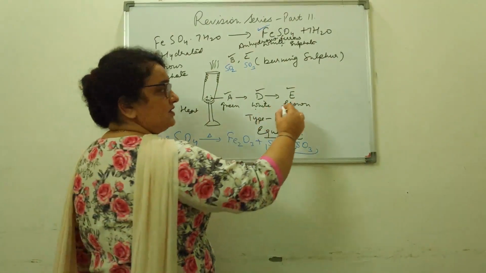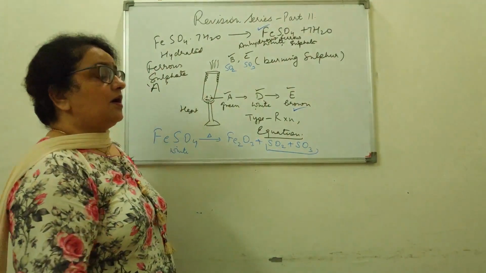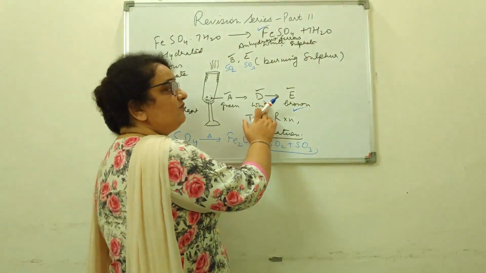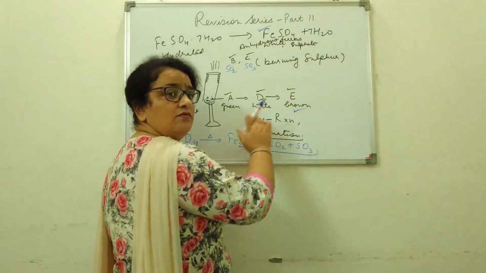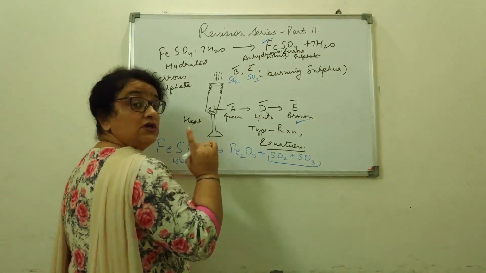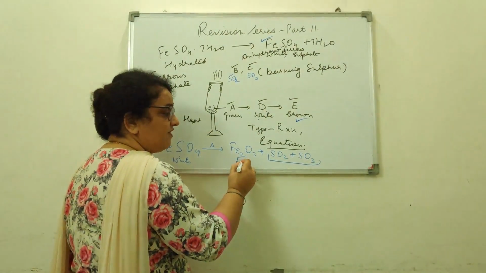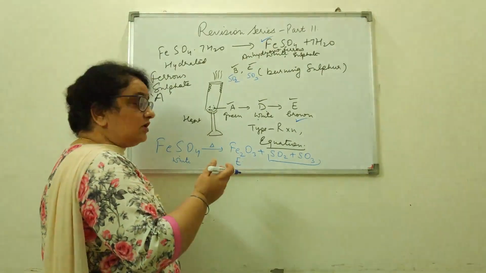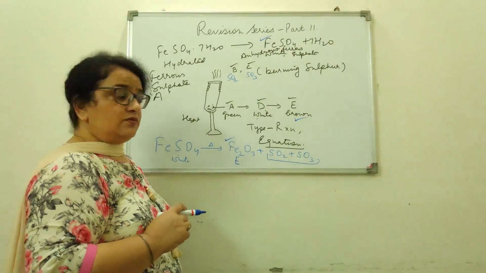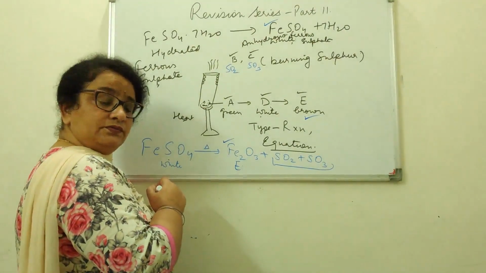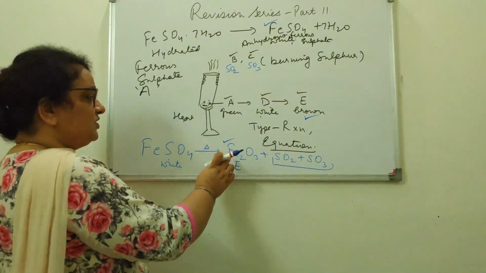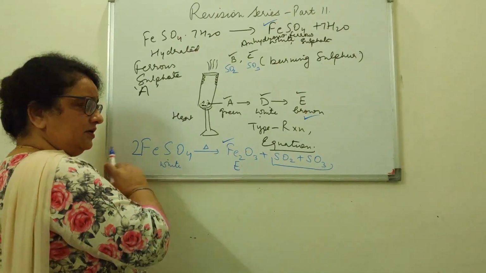Now what they ask: name the compound which on further heating changed from white to brown. So the answer to the E part is ferric oxide. You have the formula and you write the name also. Now here we are going to balance it. 2 iron.